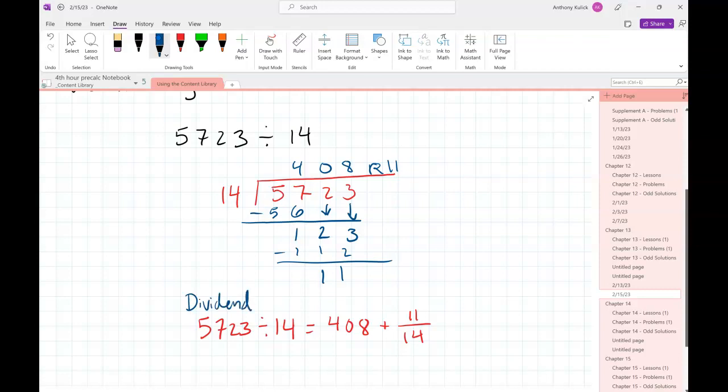That's the dividend. What's the 14 called? Divisor. Good. And the 408 is the quotient. And the 11 is the remainder. And then the 14 again was the divisor. So every division problem can be written as dividend divided by divisor equals quotient plus remainder over divisor.